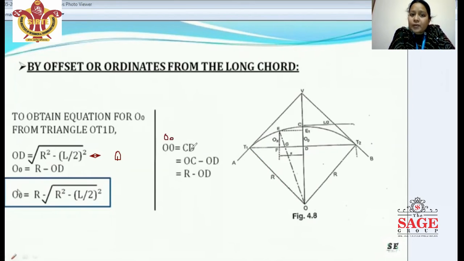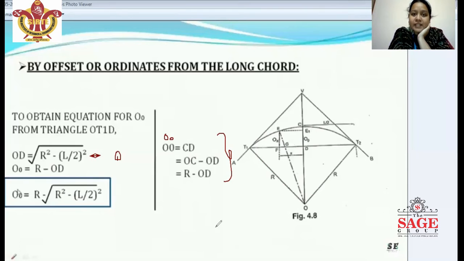O node equals CD, and how can we find CD? OC minus OD, that is OC denoted by R minus OD. This is the simple way, you can see this. So we find out the value of OC, which helps to find the value of OX.